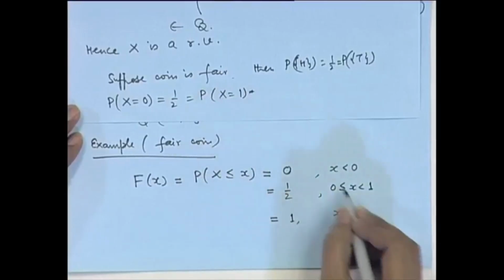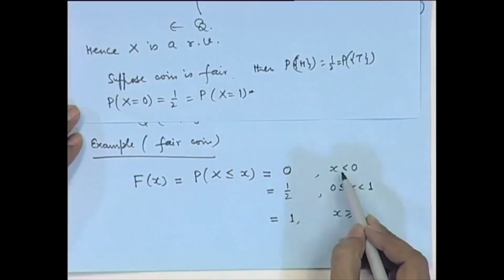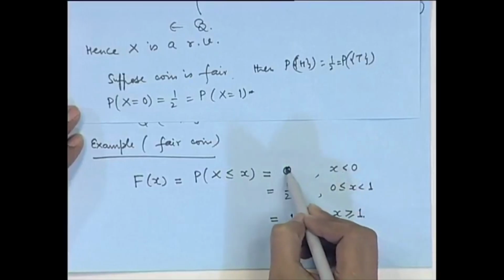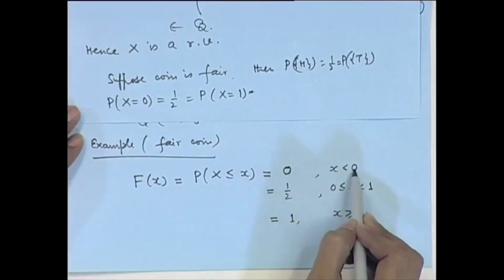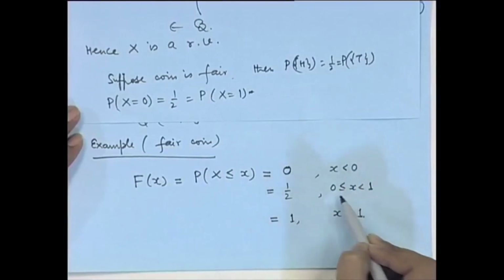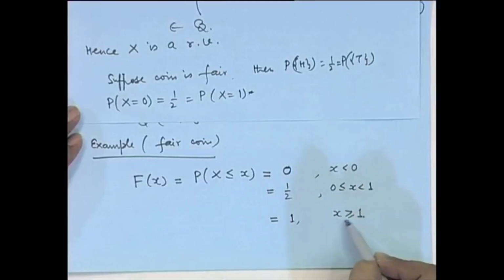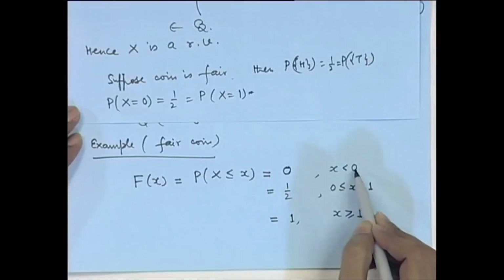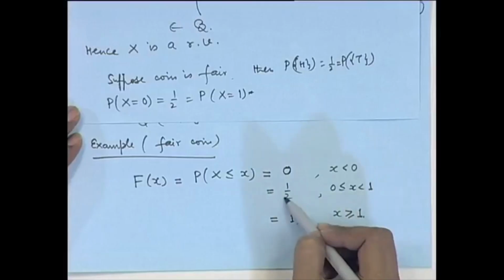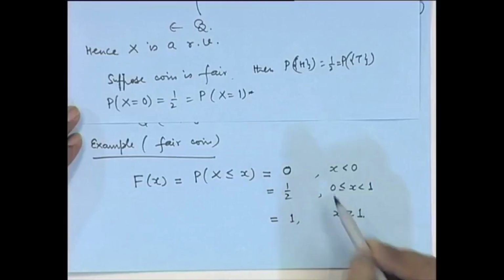So, you can see here this function is continuous on the interval minus infinity to 0, the open interval 0 to 1, and the open interval 1 to infinity. If we look at the change points, at x equal to 0 the right hand limit is half, and the value at x equal to 0 is half. So, it is continuous from right at 0.